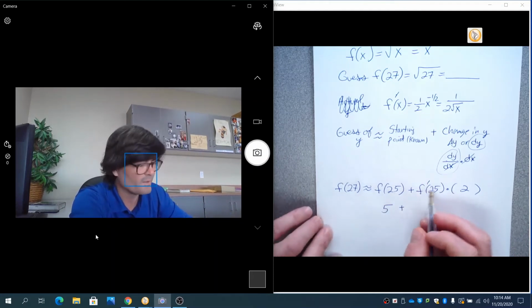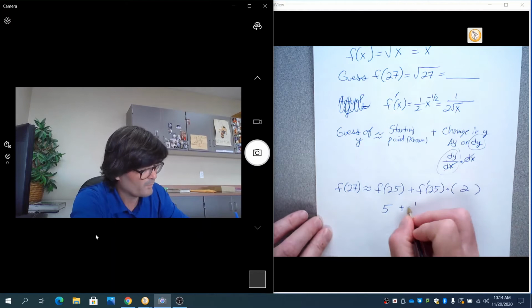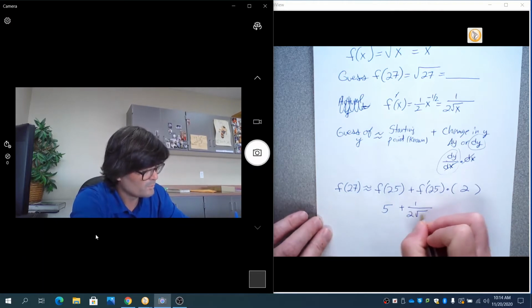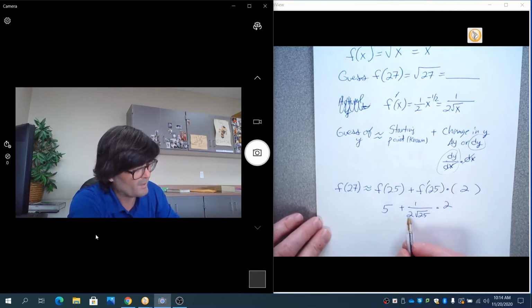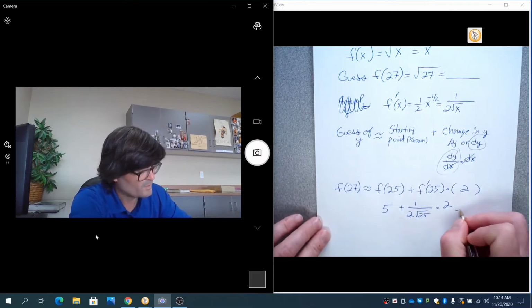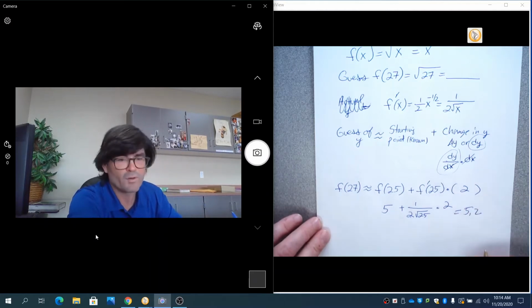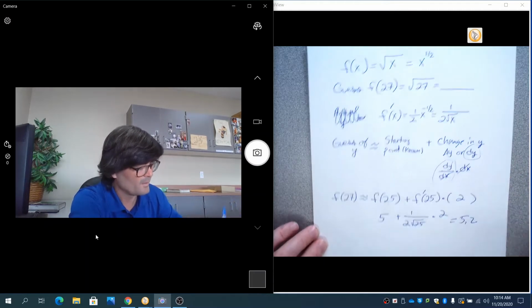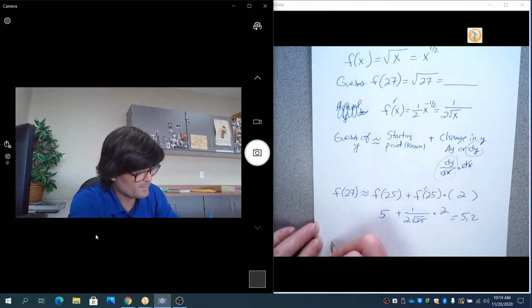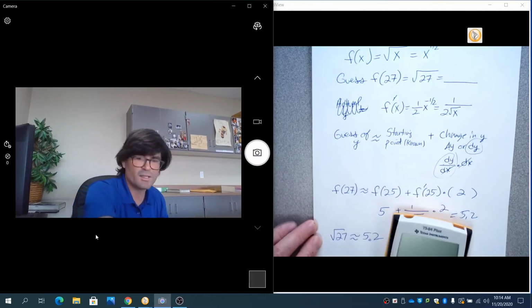The derivative is going to be 1 over 2 roots of 25 times 2. 5 times 2 is 10, so 1/10, times 2 is 1/5. So that's going to be 5.2. So my guess is 5.2. And let's just see the actual.